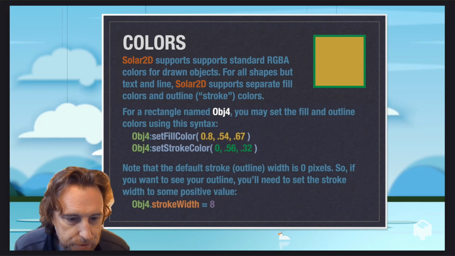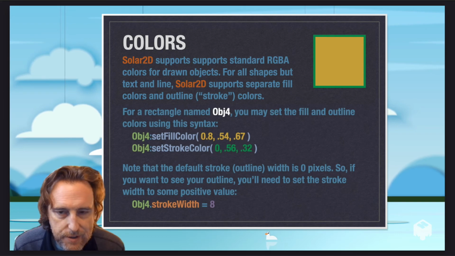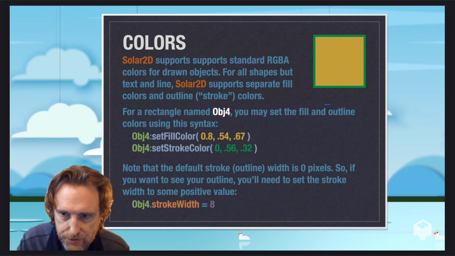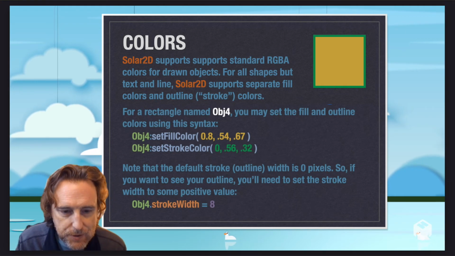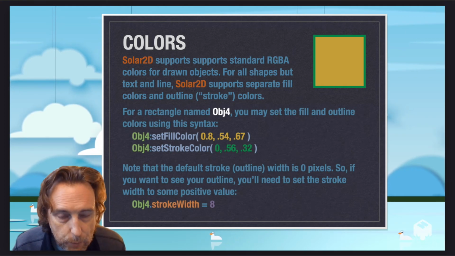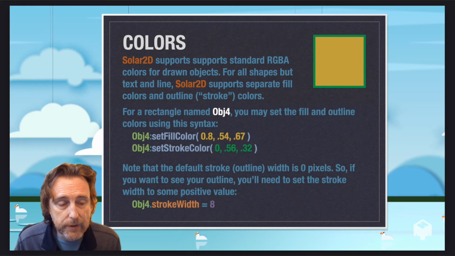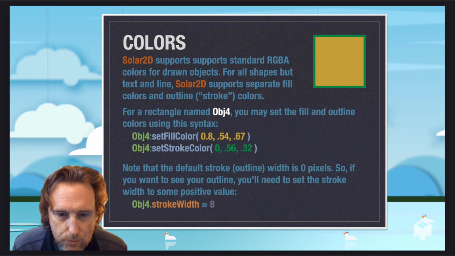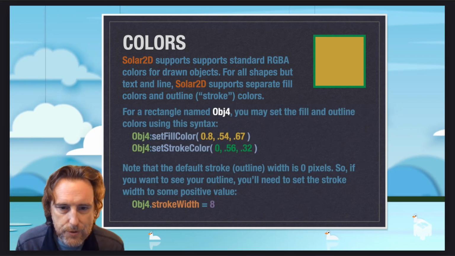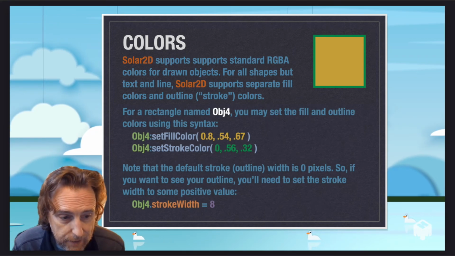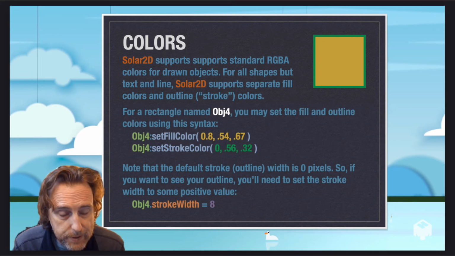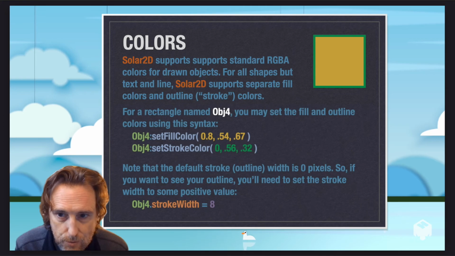The thing that confuses people more than anything is just that the outline, or what Solar 2D calls the stroke, has a pixel width that you can set, which is great. That's not the confusing part. The confusing part is it defaults to 0. So when you create a shape in Solar 2D, and I follow that in Draw to Code to be consistent, the shape does have a stroke, but it's set at 0 width.